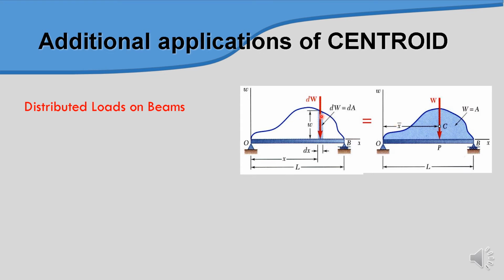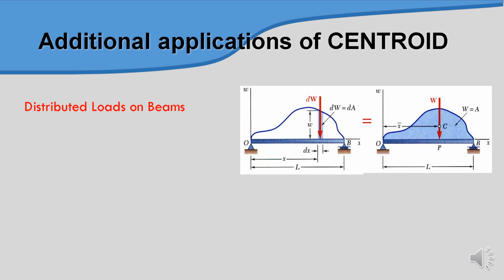For the distributed load given here, with many arrows downward, we will produce a concentrated load indicating only one value of W at a certain X bar location, so we use the centroid, whereby the area below the curve represents the concentrated load.